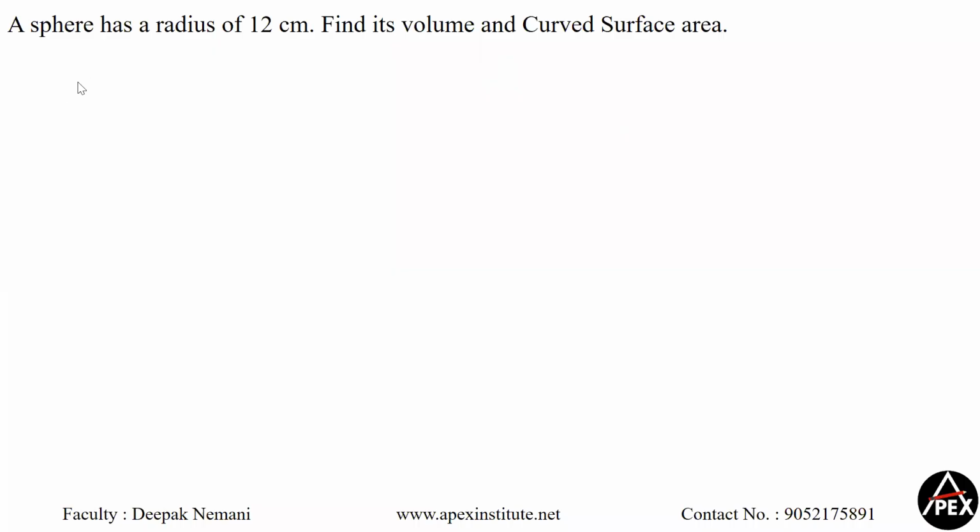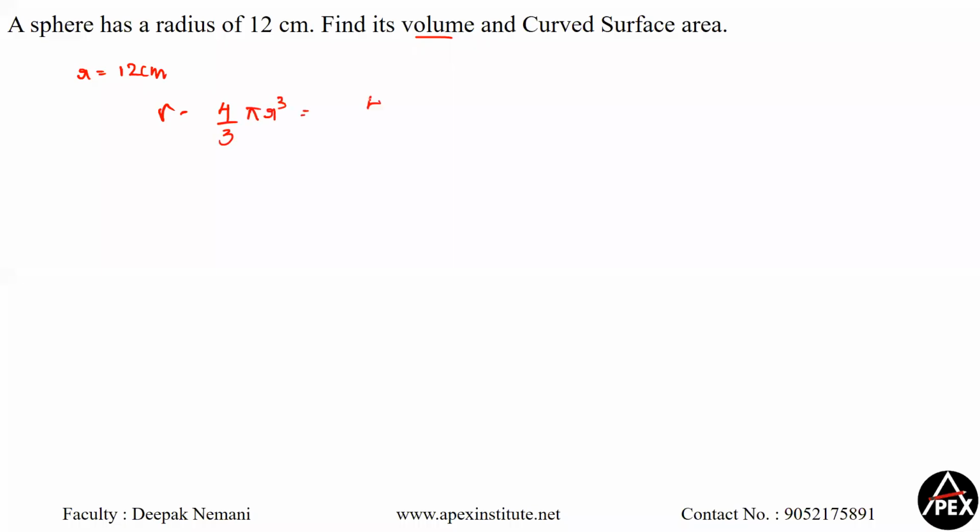So a sphere has a radius of 12 centimeters, and we need to find its volume and curved surface area. So what is the formula to calculate the volume of a sphere? Volume is equal to 4 by 3 pi r cube, isn't it?